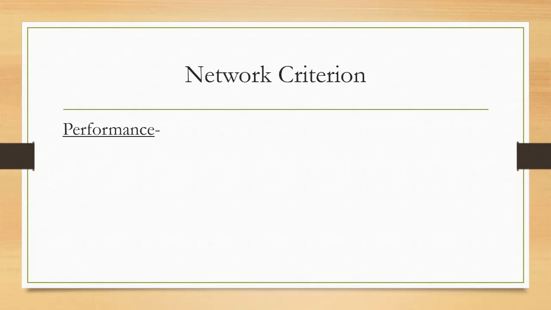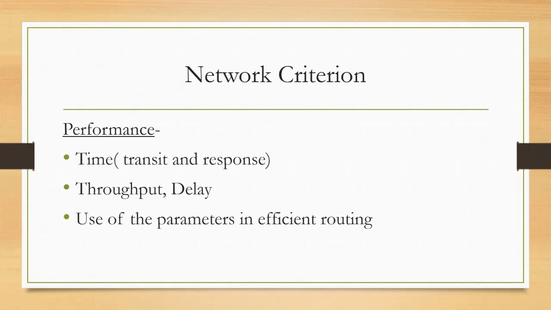So performance of a network is dependent on the time it takes. In other words, you can call it the speed of the network. Then another one is throughput and delay. Throughput is nothing but how much data is delivered successfully with respect to the sent data.